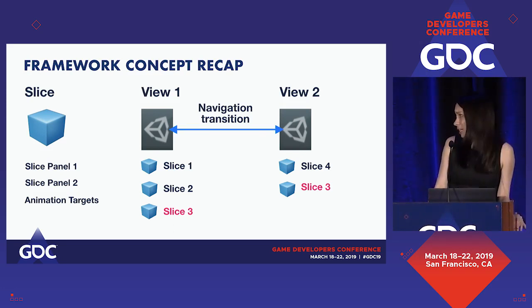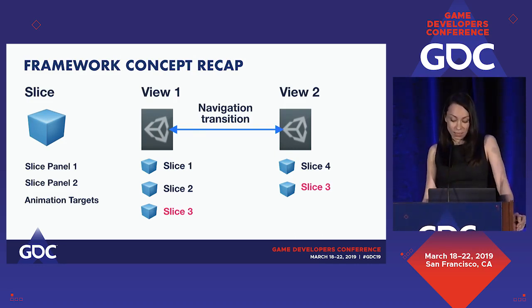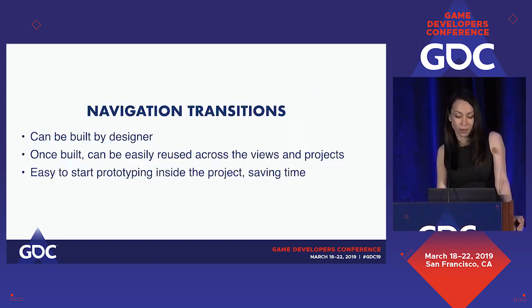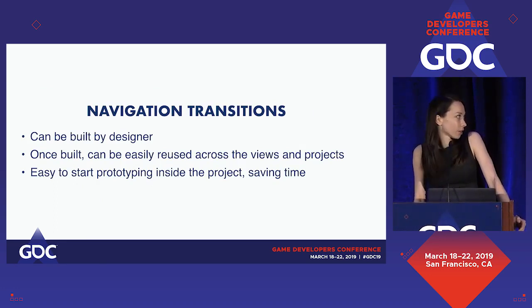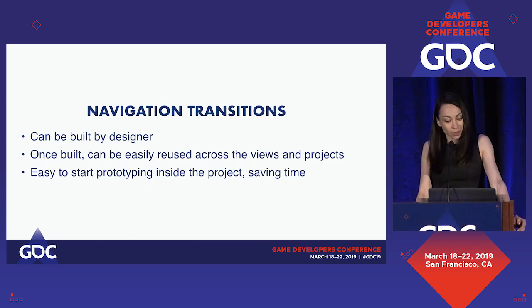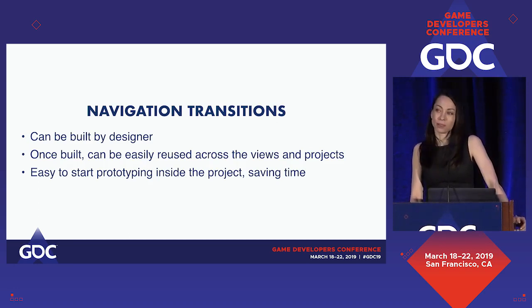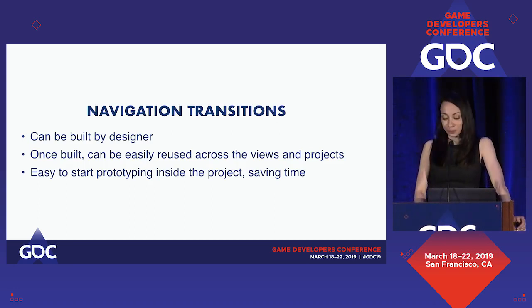In a specific case, it's slice panels and animation targets. Slices can be included in one or multiple views, and they can be shared across. Navigation transitions can be built by a designer, and once built, they can be easily reused across the views and also across projects. And it's easy to start prototyping inside the project, saving time.